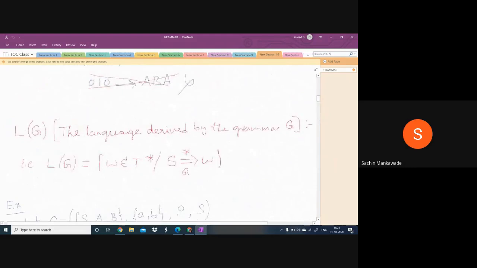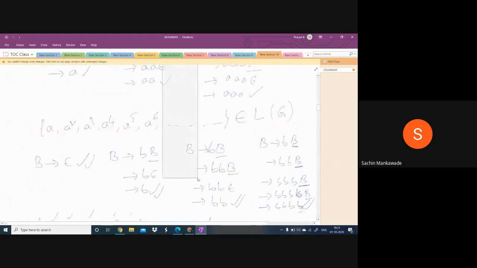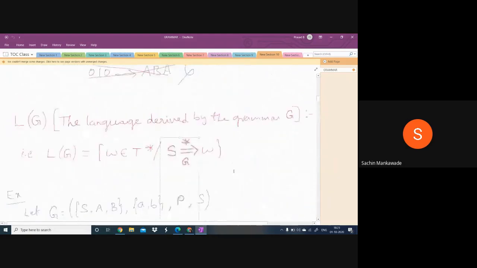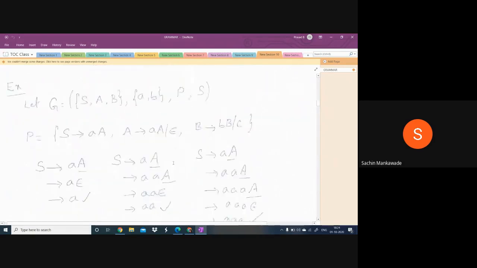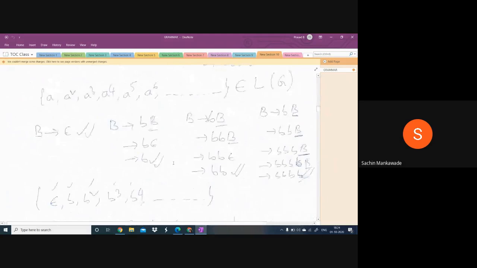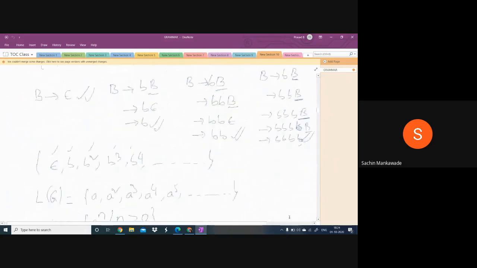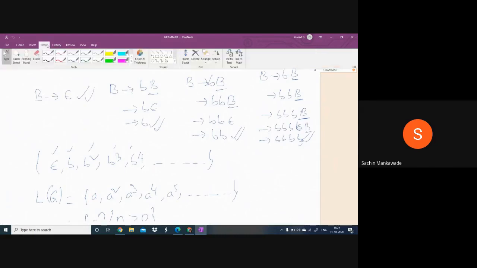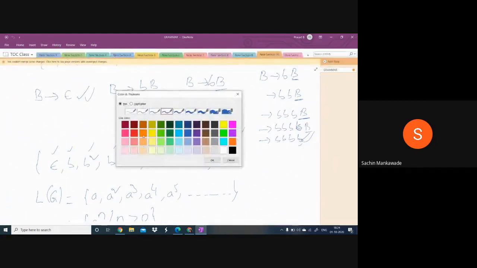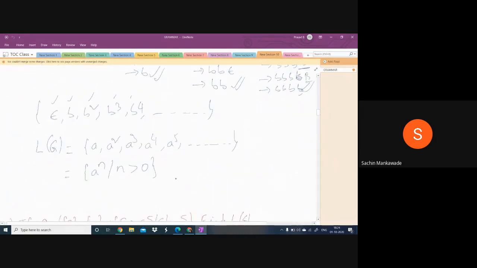L of G is the set of terminal strings which are derived from the start symbol. Of course, epsilon, B square, B cube, all these are terminal strings, but they are not derived from the start symbol. That is the reason they do not belong to L of G.